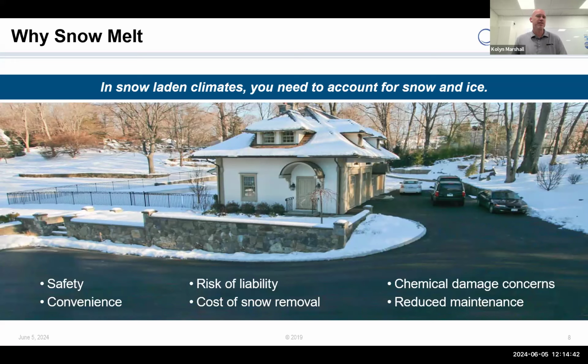Same thing happens inside of lobbies, let's say for hotels. You throw salt on the snow outside, and occupants are walking in, picking up the salt in their shoes and tracking it into the building. And now on top of your terrazzo tile, you have salt that starts to etch away your flooring. So the benefits are not just external, they can also be internal.